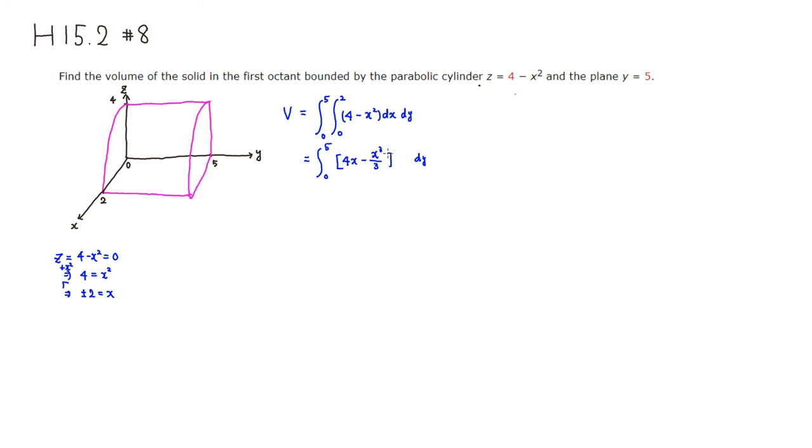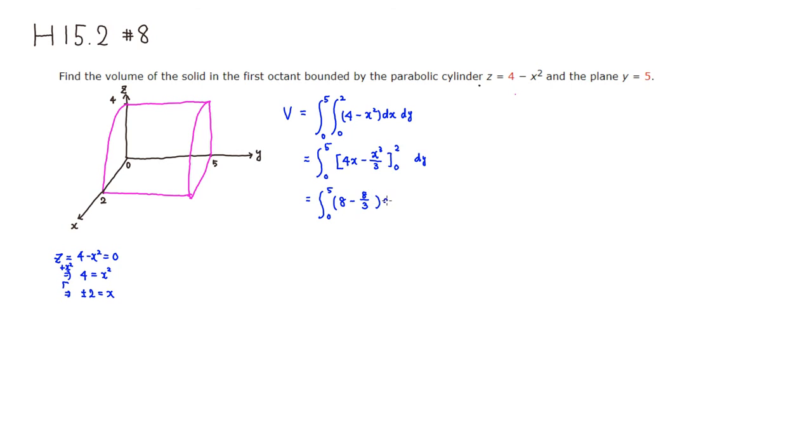Then we're going from 0 to 2. We leave this integral alone for now. I plug in 2, so that's 8 minus 8 over 3. If you plug in 0, it's all 0.